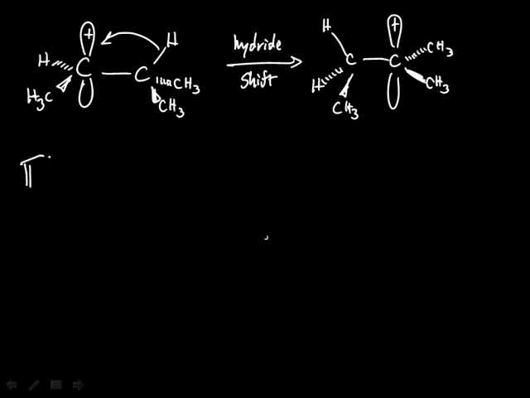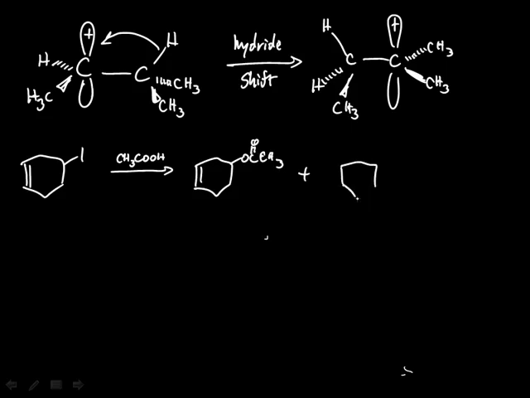So this occurs for allylic cations as well, because allylic cations are stabilized by resonance. So if we expose this iodide to acetic acid, we will get a mixture of products. We will get the expected product and the rearranged product, where our acetic acid is now closer to the double bond. And the mechanism that occurs is relatively straightforward.